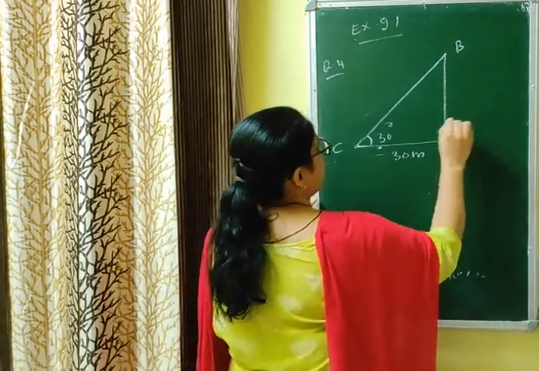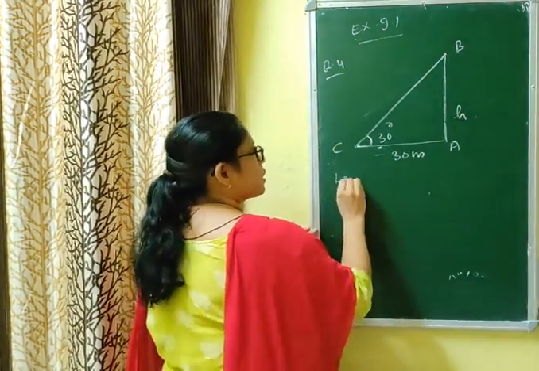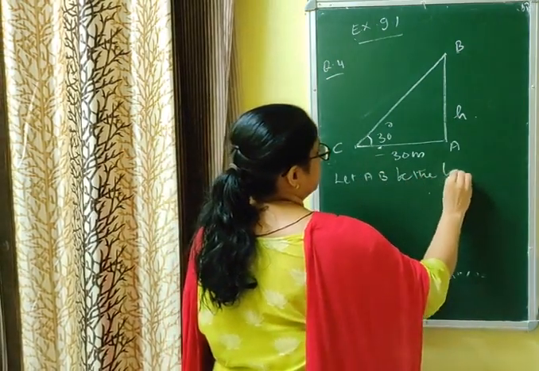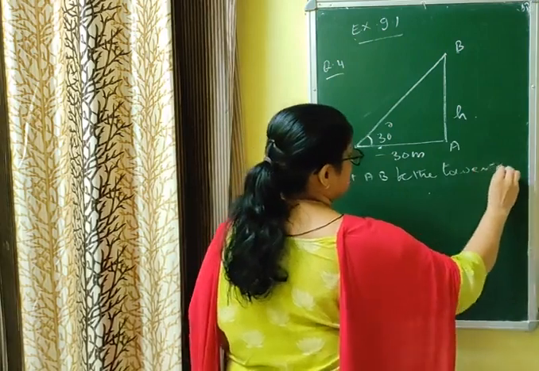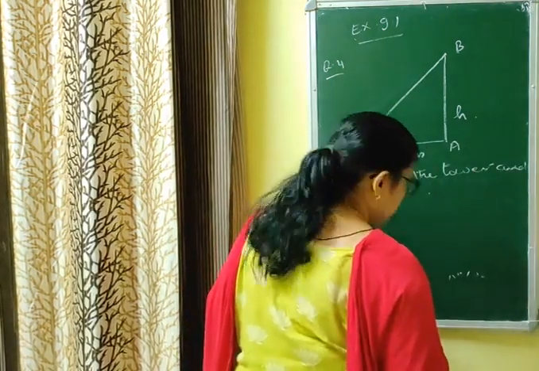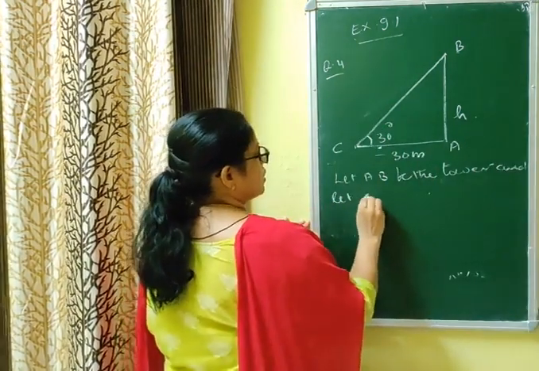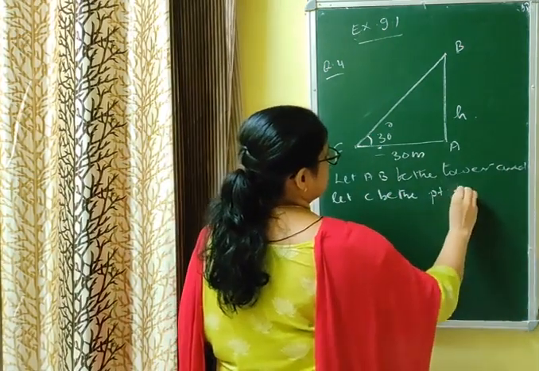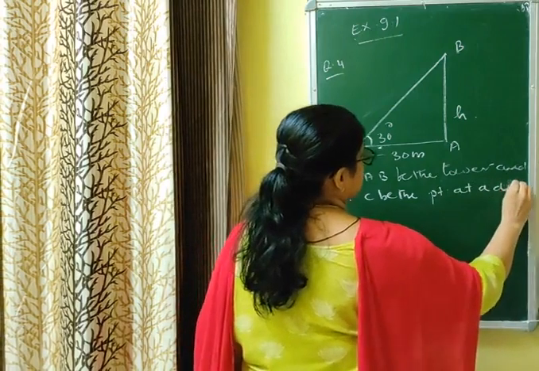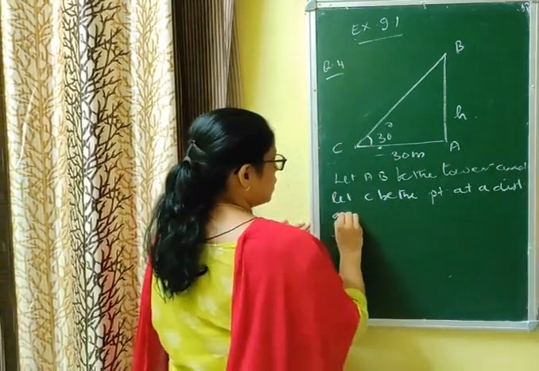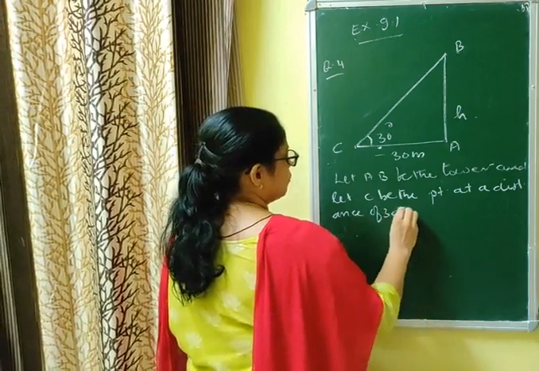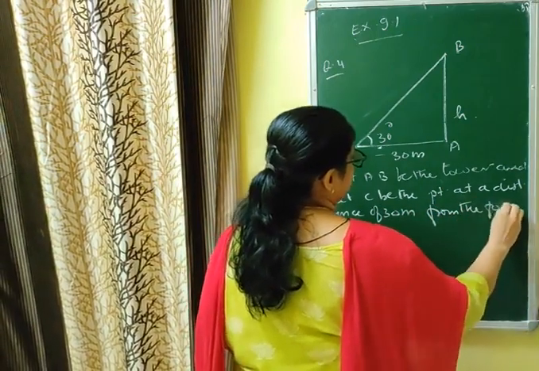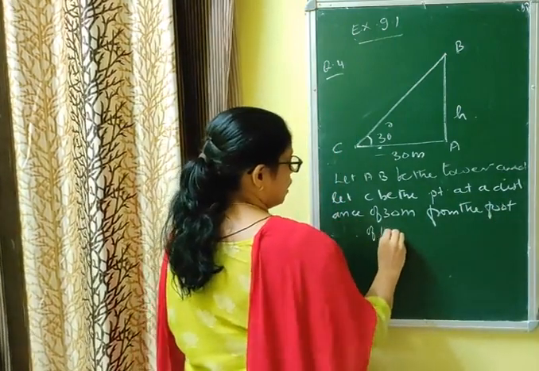When you are asked to find the height of the tower, like in the previous question, let AB be the tower, and let C be the point at a distance of 30 meter from the foot of the tower.